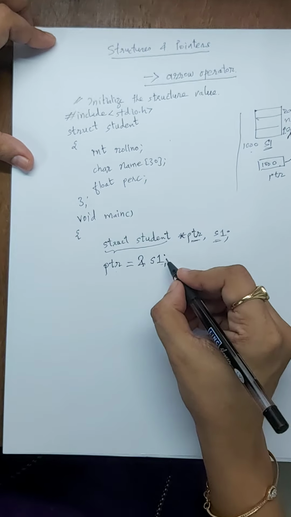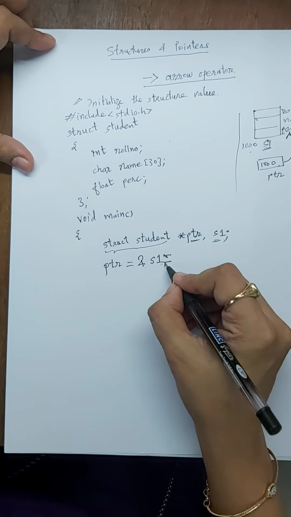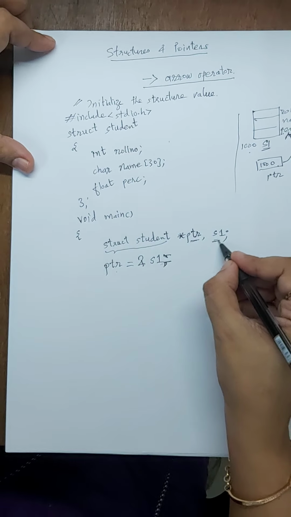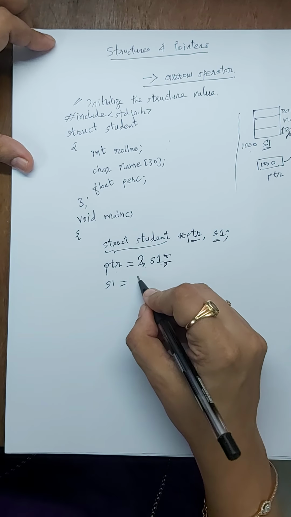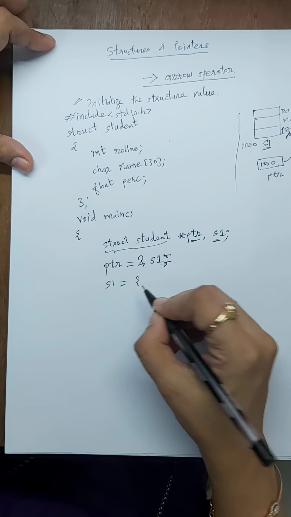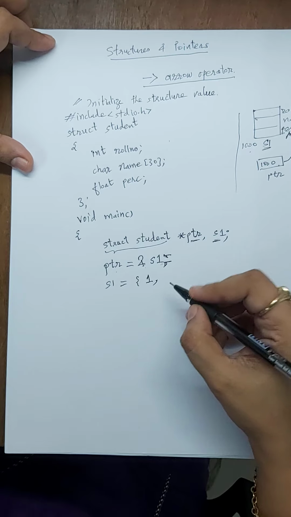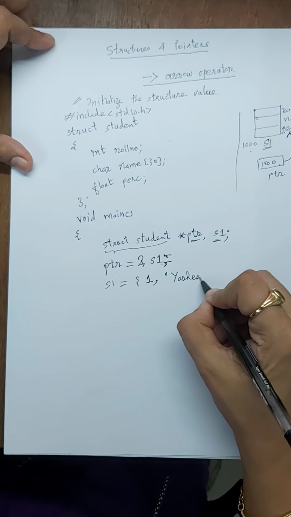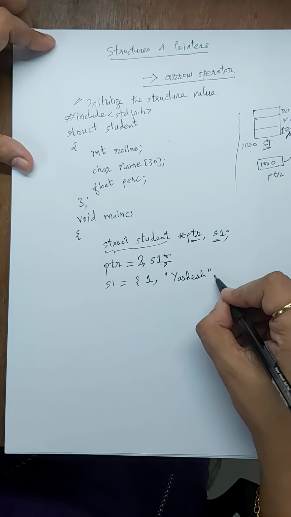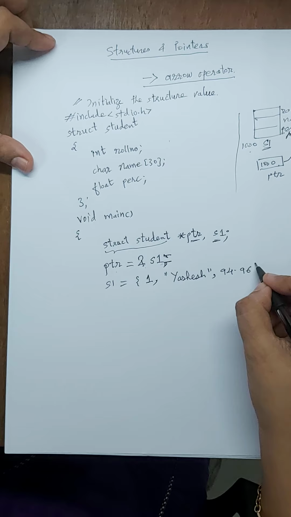Now what is S1? We have already declared S1, so we can write its initialization separately: S1 is equal to roll number 1, the name of the student, say Yashish, and then the percentage he has scored, say 94.96.